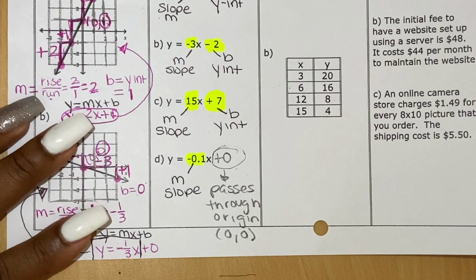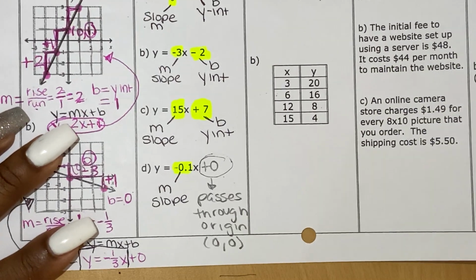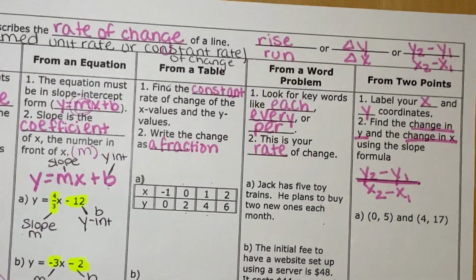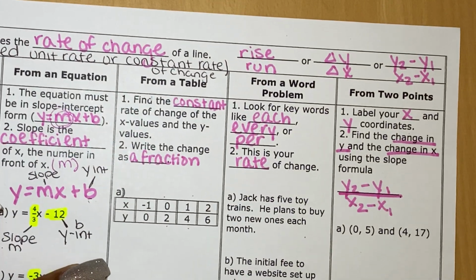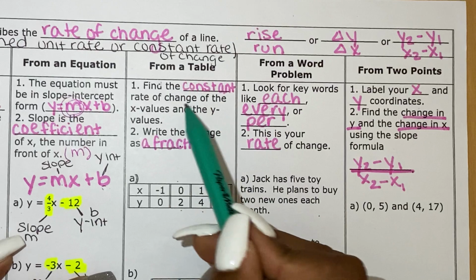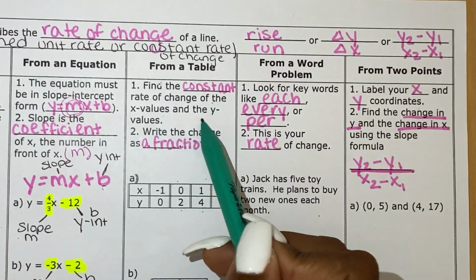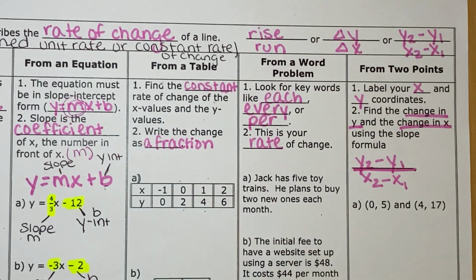Okay? Let's look at the next way we can find slope, which is from a table. How to find slope from a table. Find the constant rate of change of the x values and the y values, and then we write that change as a fraction.